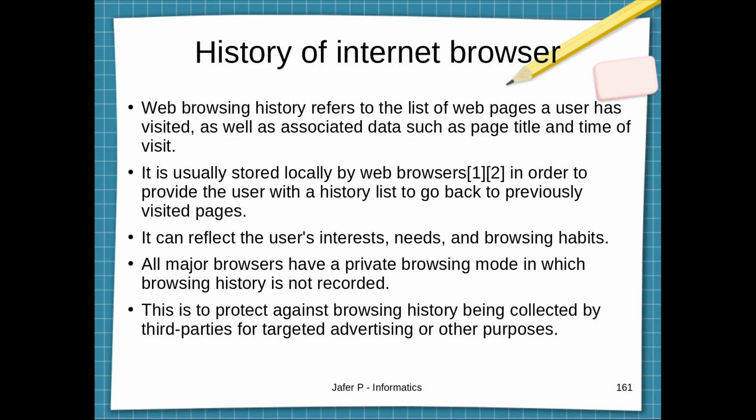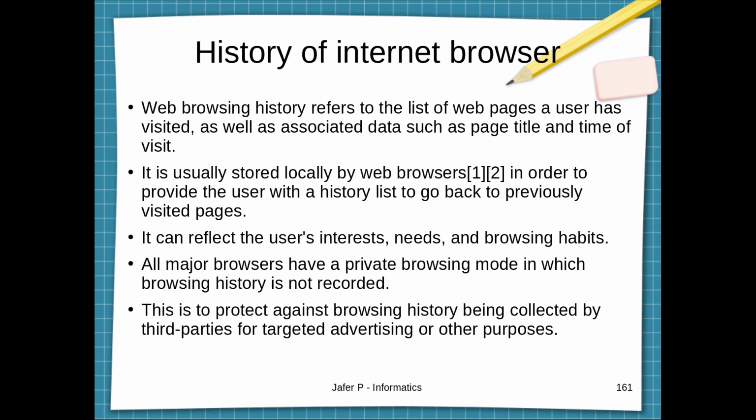Okay, this is to protect against browsing history being collected by third parties for targeted advertising or other purposes. So we can restrict the pages we are searching. We can block the browsing history. If you make it public, sometimes third party users may access our history and they can easily get the information about your needs, your everything, right?